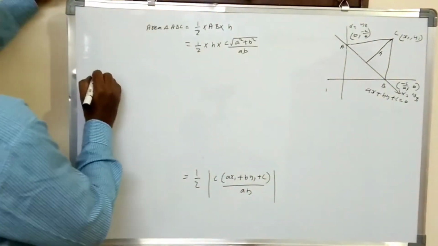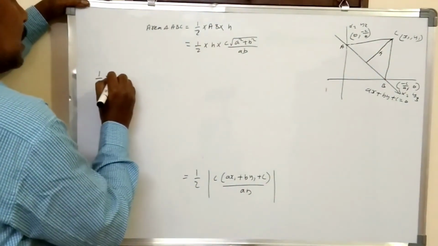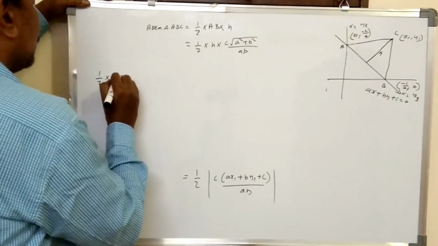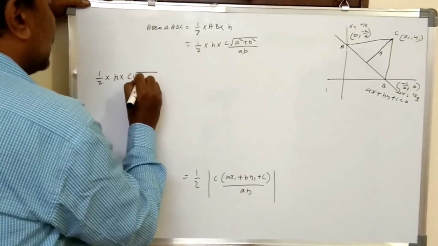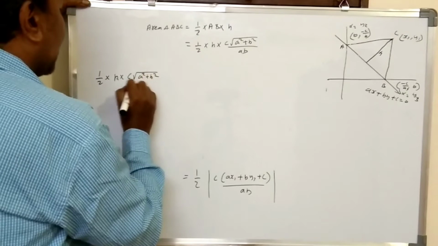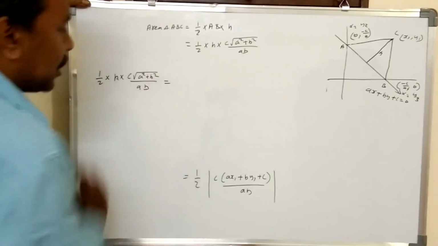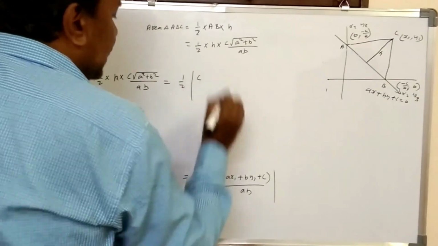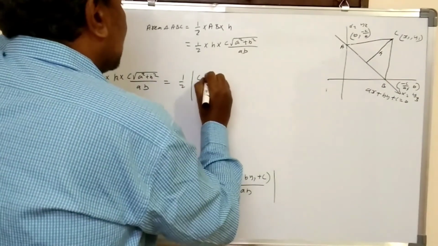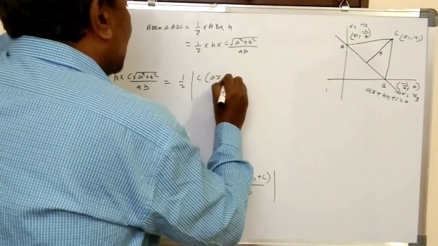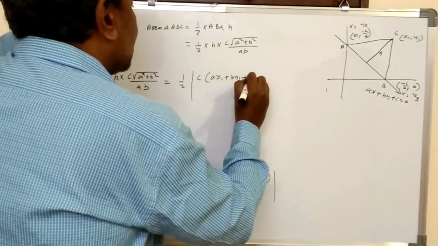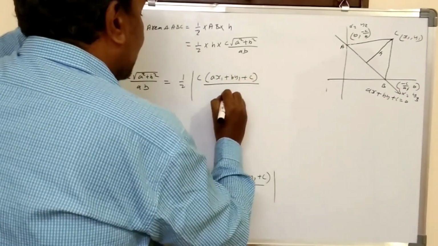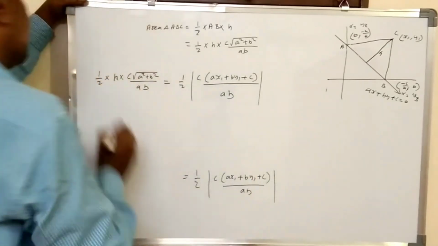That becomes half into h into c square root of a square plus b square by ab is equal to half into mod c, (a x1 plus b y1 plus c) by ab, isn't it?